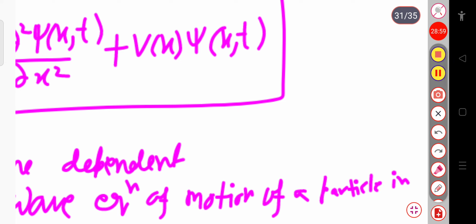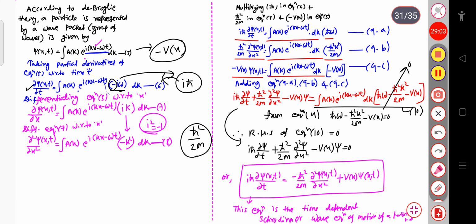Okay, in 1D. So what we have calculated is the time dependent Schrodinger wave equation of motion in one dimension.